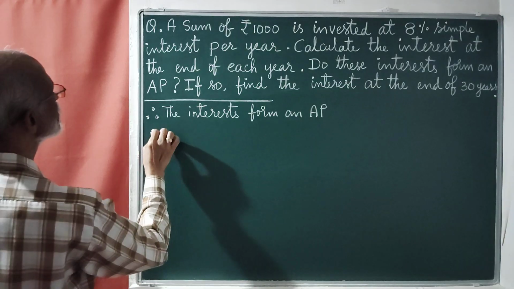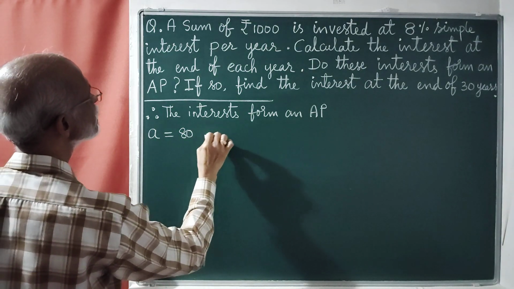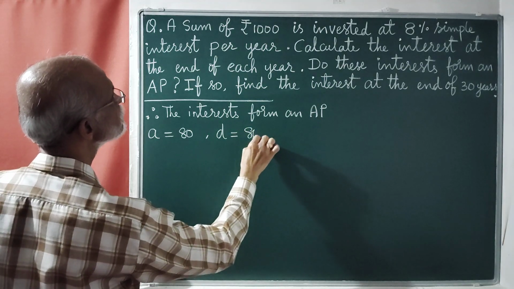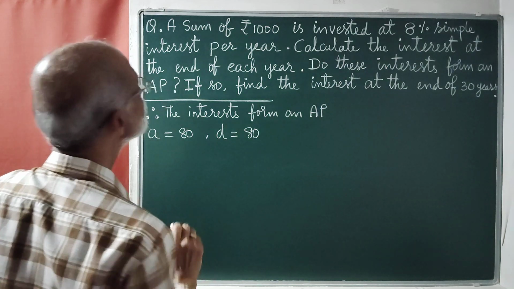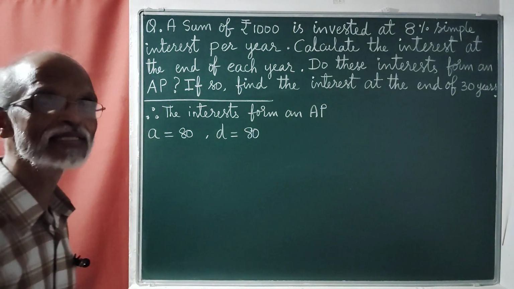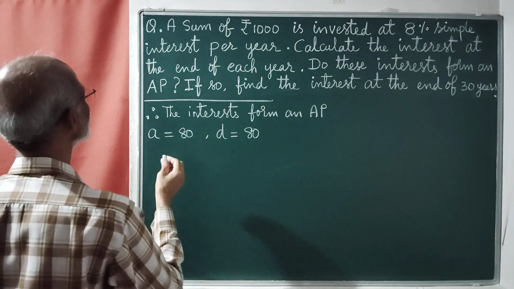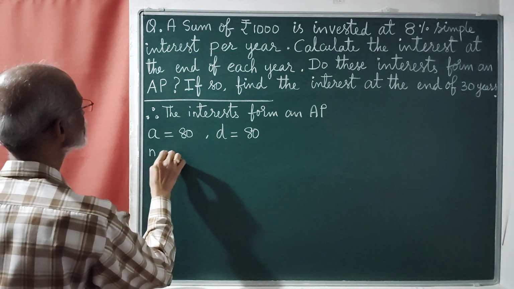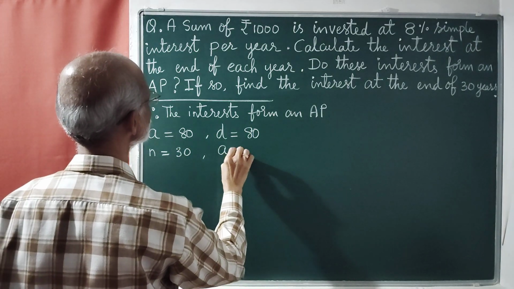So here A is equal to 80, D is equal to 80. So now we got to find out the interest at the end of 30 years. So we got to find out A30. So N is equal to 30. We'll find out A30.